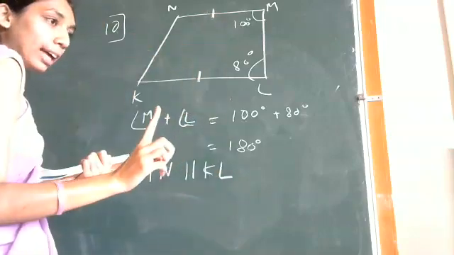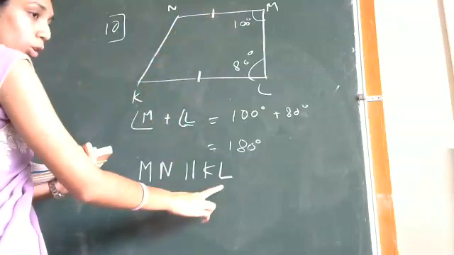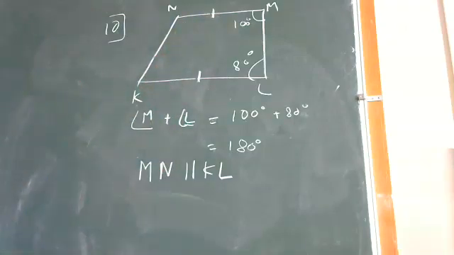So these are one pair of lines, and they are parallel to each other. So this we needed to prove. We proved it. Okay. Understood? We'll go on to the next one. Okay, so the 10th one is done.